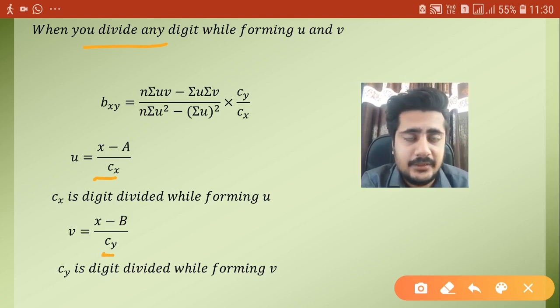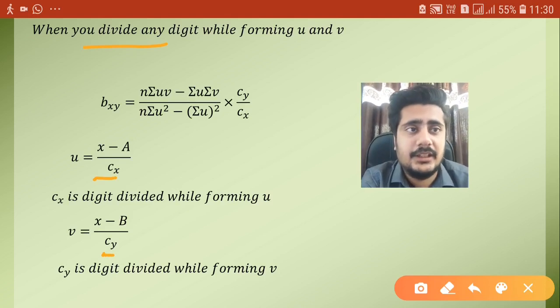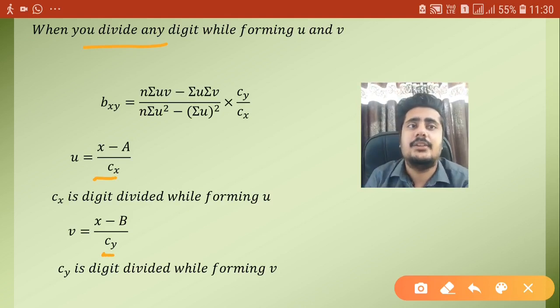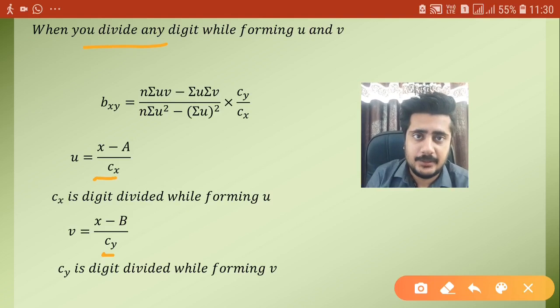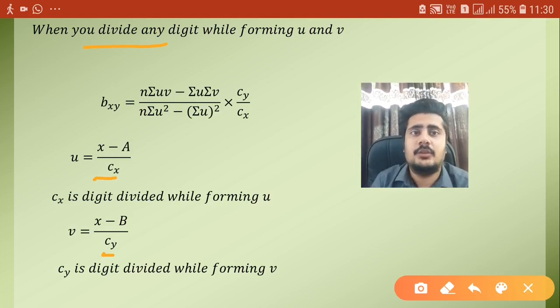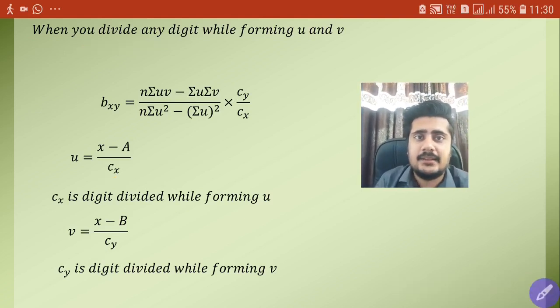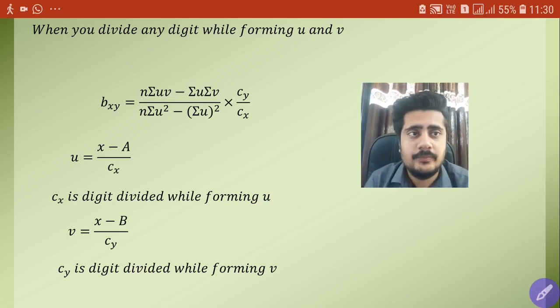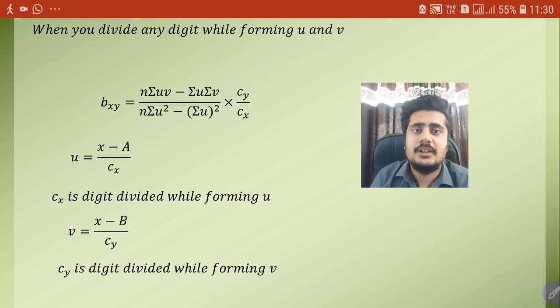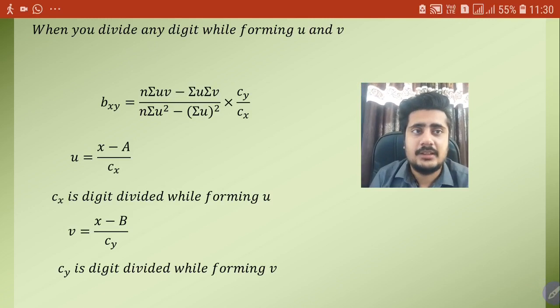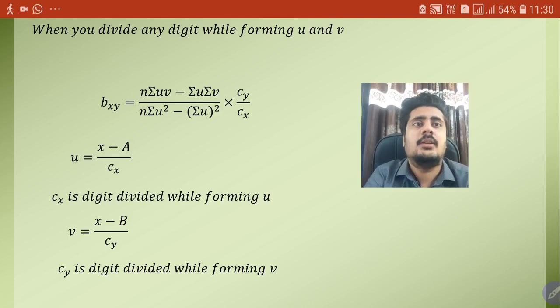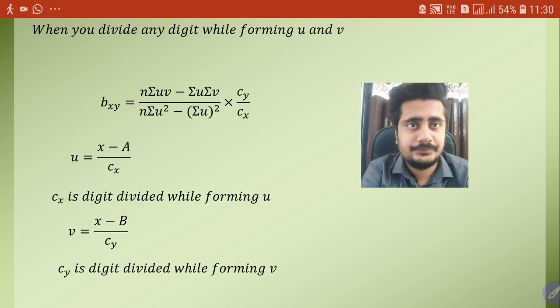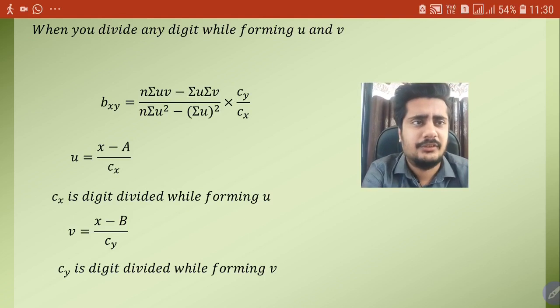And if you divide a digit while forming v, it will be named cy. I have written on the screen: cx is the digit divided while forming u, cy is the digit divided while forming v. So what is this? It is a bit difficult.